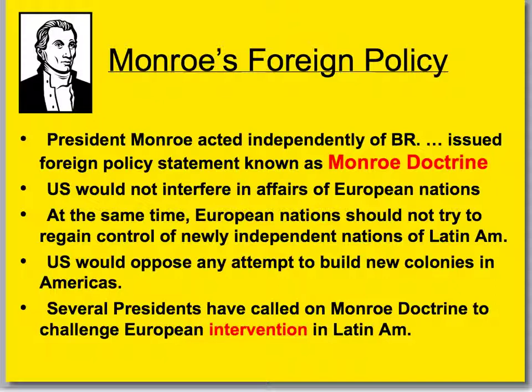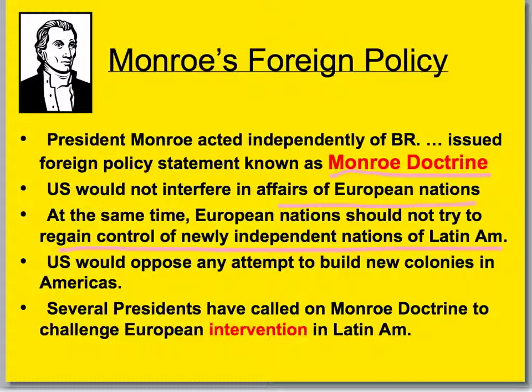He issues a foreign policy statement known as the Monroe Doctrine today. It says this: the United States would not interfere with affairs of European nations. Okay, we're not going to get involved with what you guys do in Europe. At the same time, though, European nations should not try to regain control of newly independent nations in Latin America.